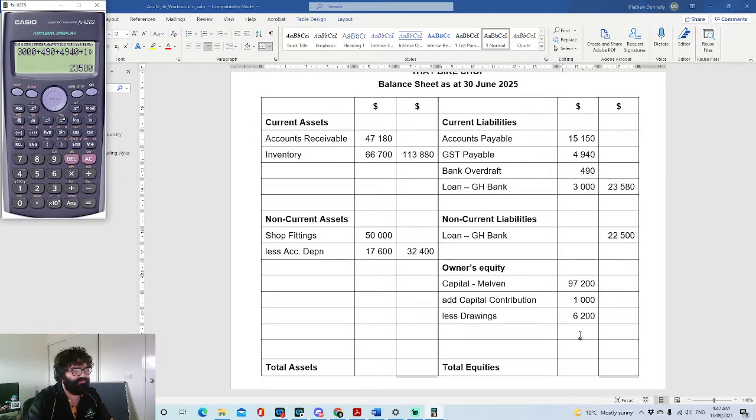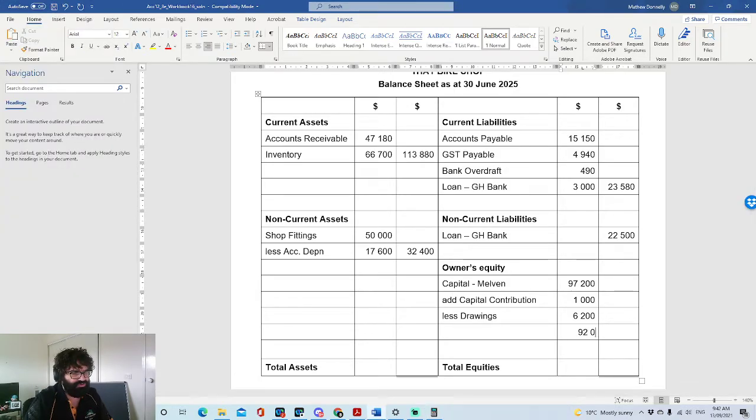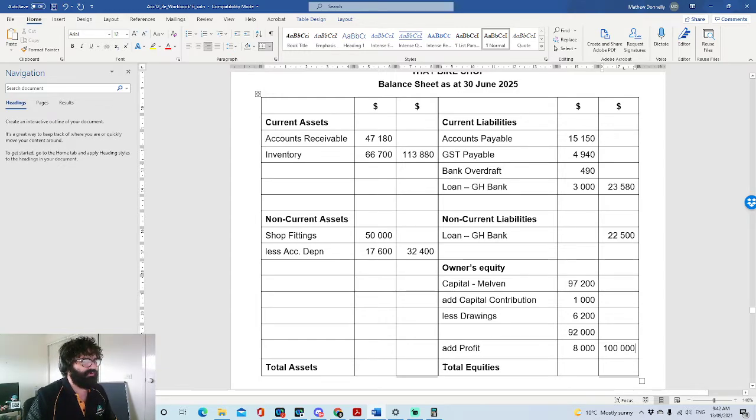So it's 97,200 minus 1,000, that should be plus 1,000, because it's a contribution, it comes in, it increases it. And then minus 6,200 will give us a straight 92,000. Add profits, which was 8,000, and we get a clean 100,000. And now I'm worried because that never happens. Genuinely concerned, but my little check of the tens column tells me, hey, maybe I am on the right track.